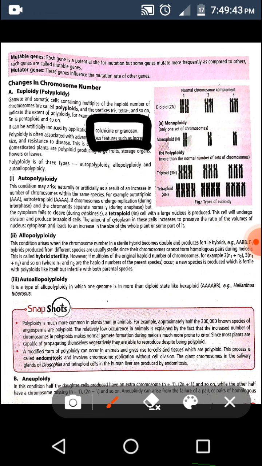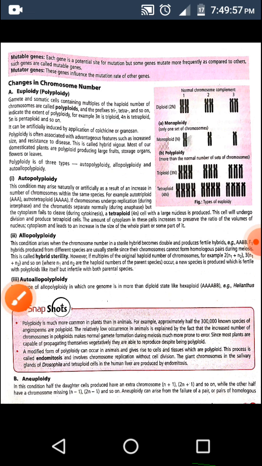Then the another type of change in chromosomal number will be studied under another topic, that is aneuploidy. As I have already said, there may be a gain or loss of one or more chromosomes, which is called as aneuploidy.